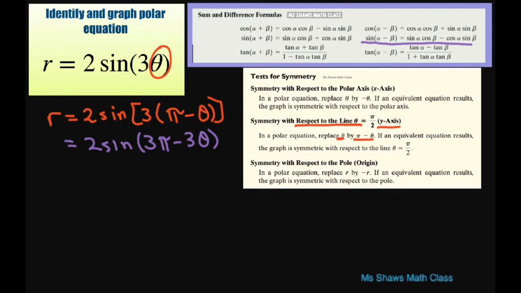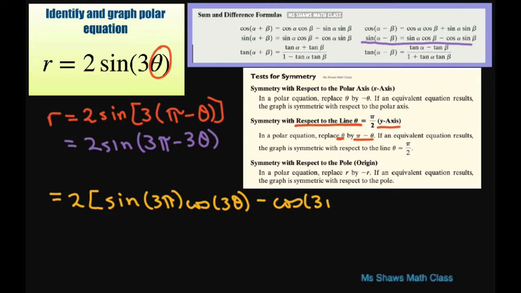So we're going to have this equals 2, and then we have sine of 3 pi times cosine of 3 theta minus cosine of 3 pi times sine of 3 theta. All right. Now, sine of 3 pi is going to be 0, so this knocks this out.